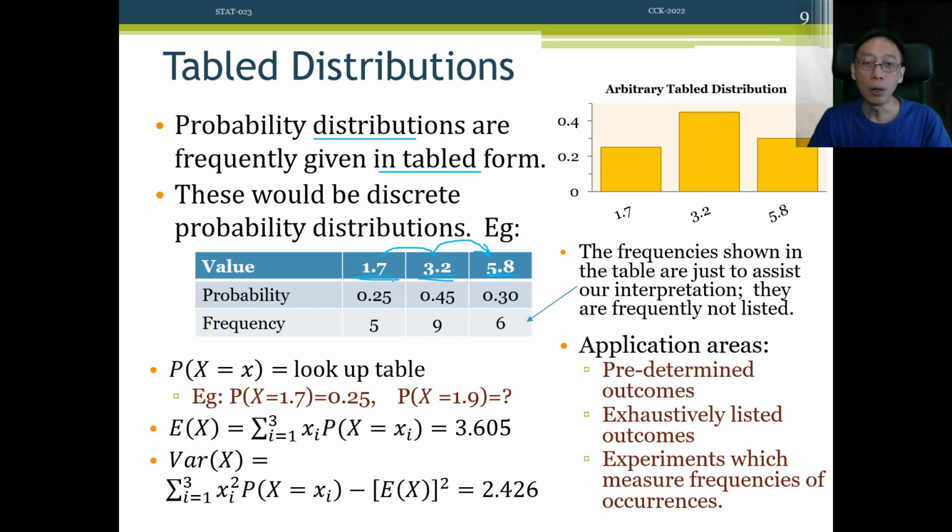Or those are the numbers measured by an instrument, so that is the way it is. Or else it would be just arbitrary situations, they are labels, like red, green, blue. So no matter why the values are described the way they are, we give the probabilities accordingly for each value.